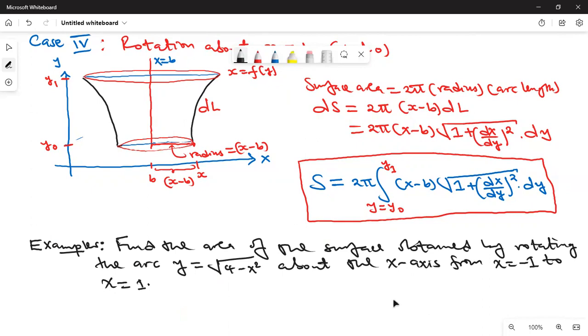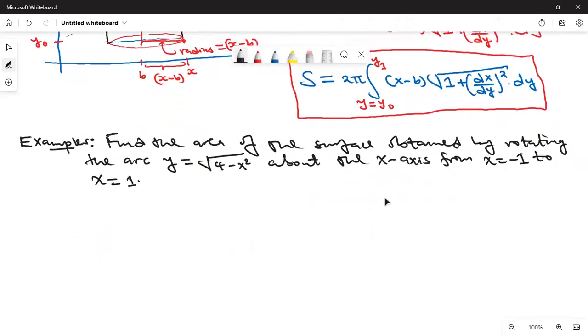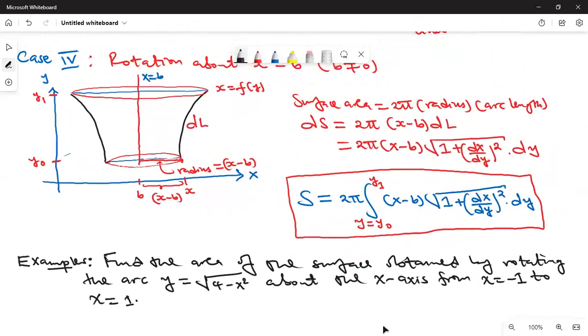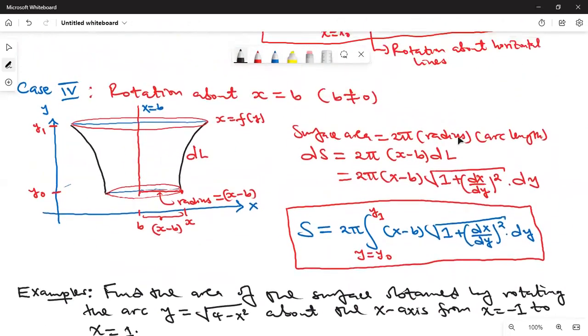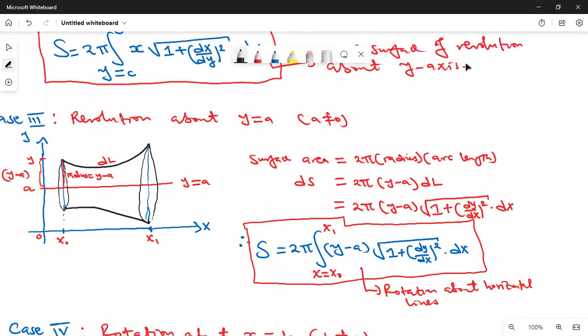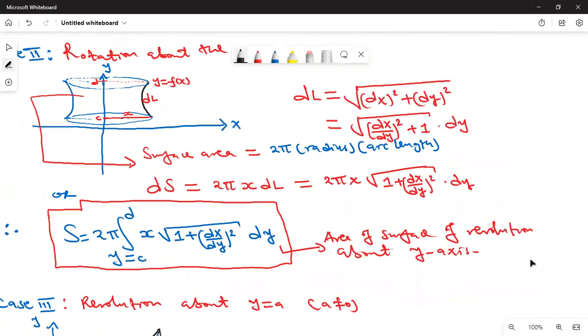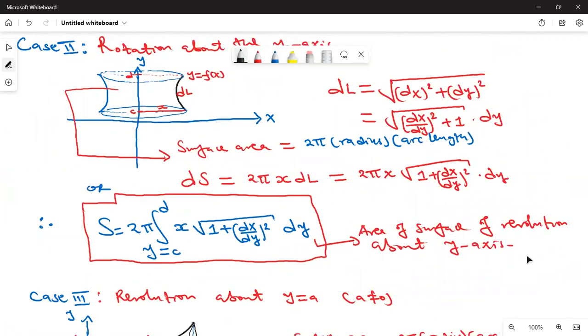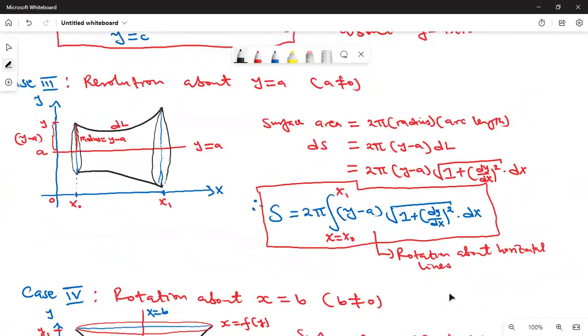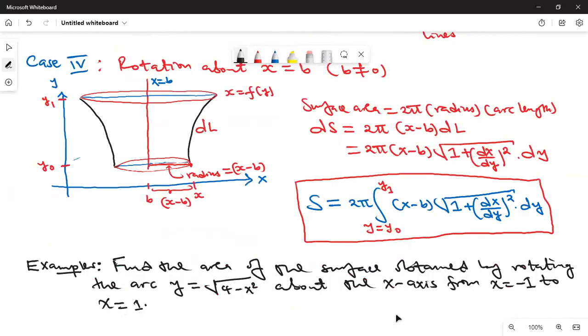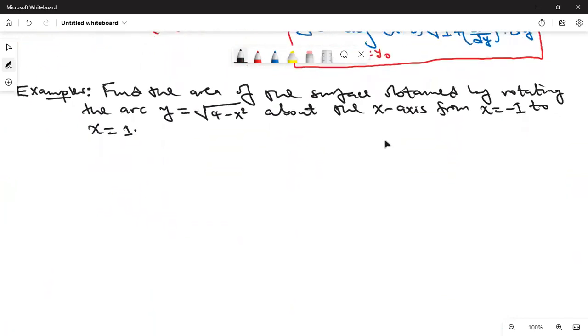You just need to know the formula. Even if you don't know the formula, it is easy to derive, because look at how I was deriving my formulas. It's very easy as long as you know that whatever shape you're going to get is like a cylinder, and you are finding the curved surface area of that cylinder. So let's answer this question.